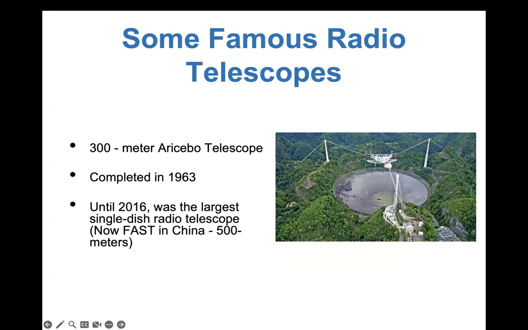Speaking of which, the biggest individual radio dish and radio telescope, the dish just being the curved mirror here, is no longer in existence. It collapsed back in 2016, but it had been for decades the biggest radio telescope out there at 300 meters. It was made famous by showing up in a few movies and having a really iconic look, since it was nestled in a tropical jungle. They built it into a natural depression, so they were able to take advantage of the sides of the mountains to hang the dish.